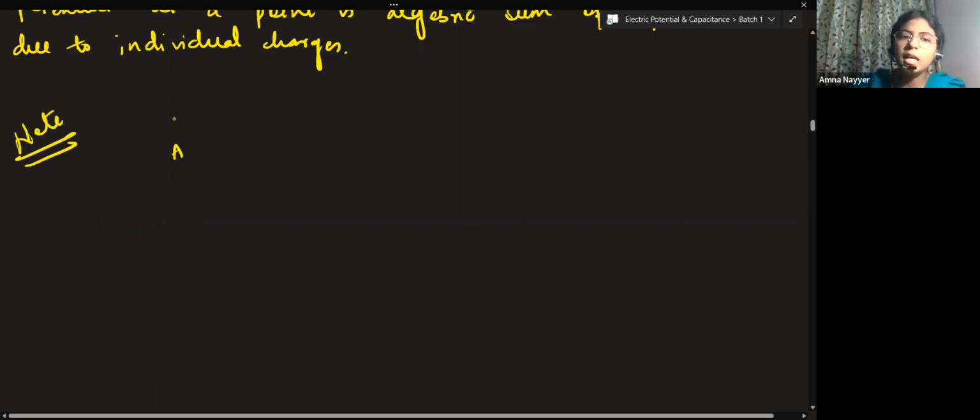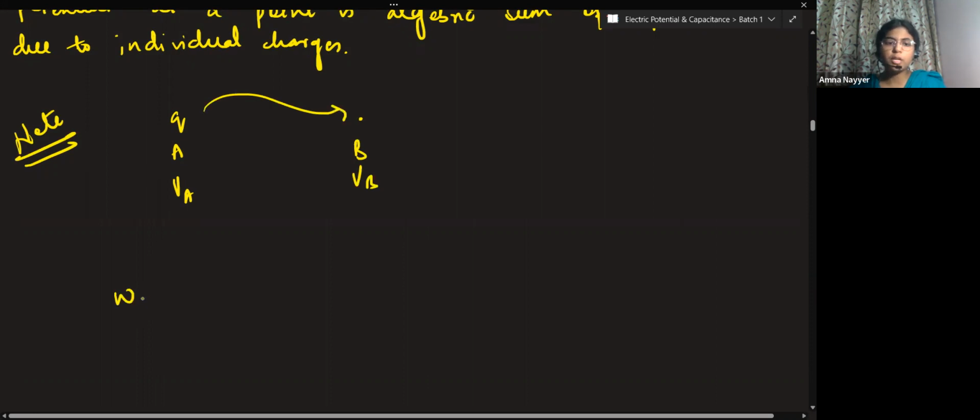See, at point A, if you have charge Q and potential will be VA. At point B, you are moving this charge. So potential is VB. So as I've told you, work done will be what? The difference of the potential. So work done in moving the charge from A to B will be given by Q multiplied by whatever is the potential difference, meaning VB minus VA.